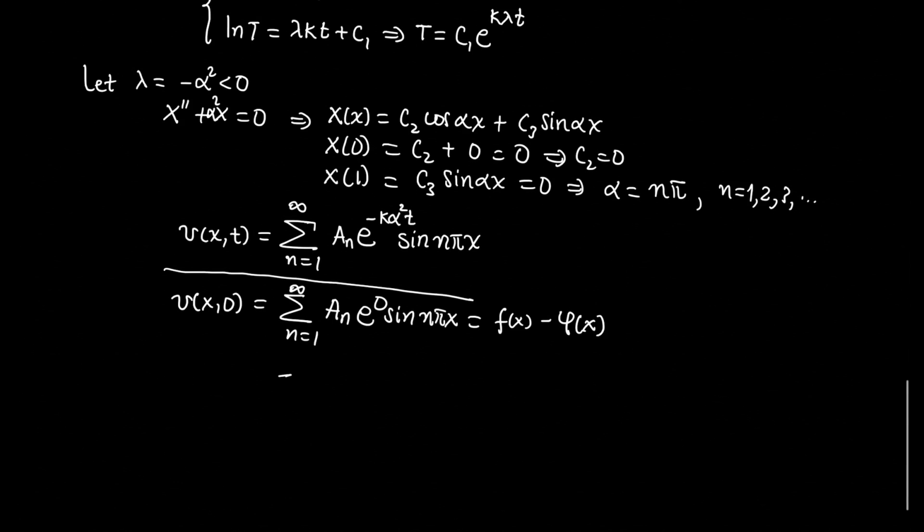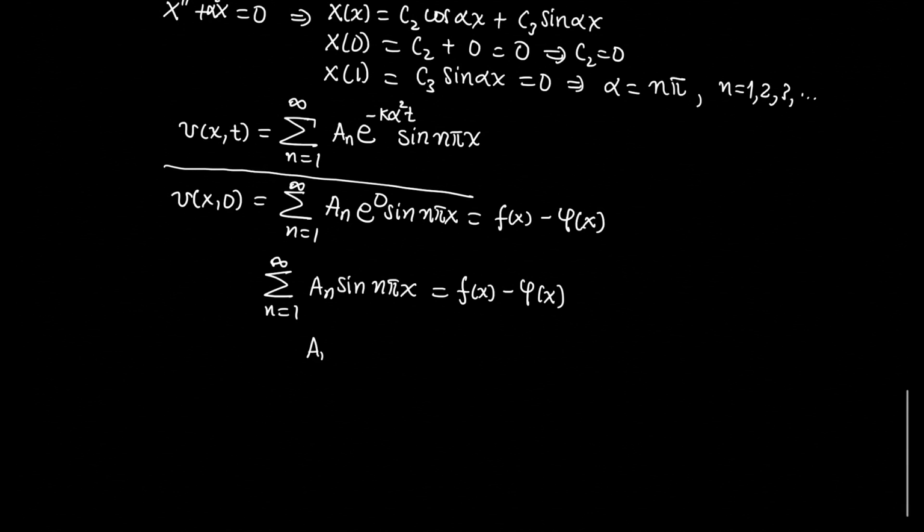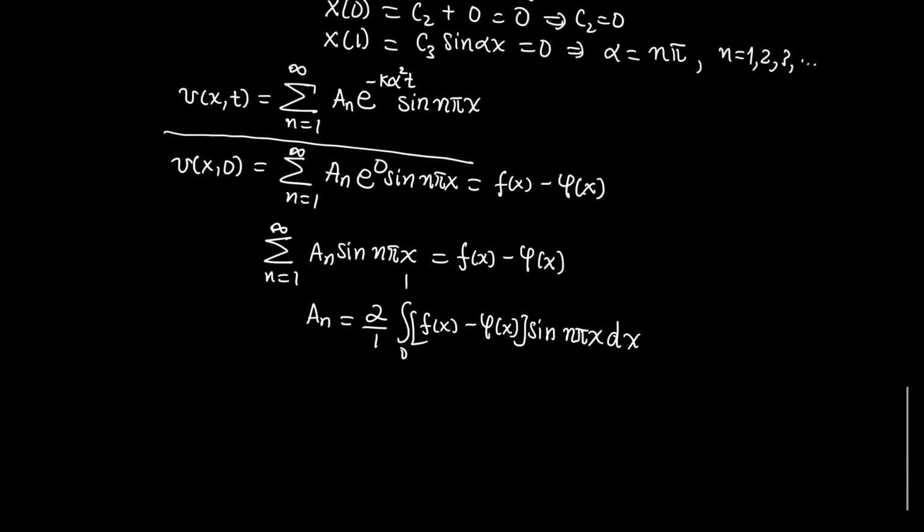Then from here, an equals 2 over 1, the integral from 0 to 1 of f x minus phi x times sine n pi x dx, where phi x you already have.